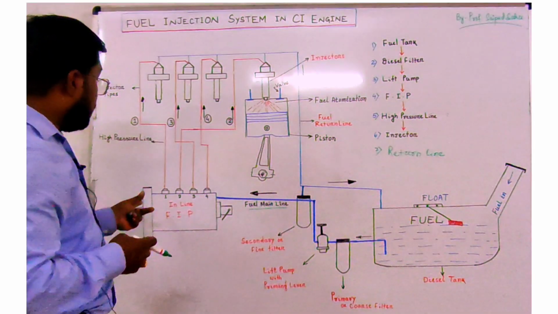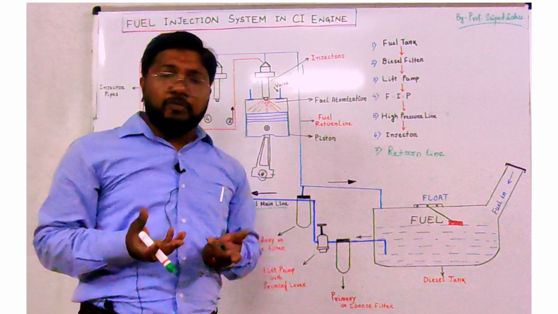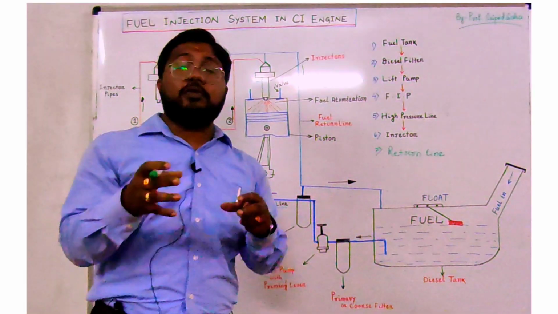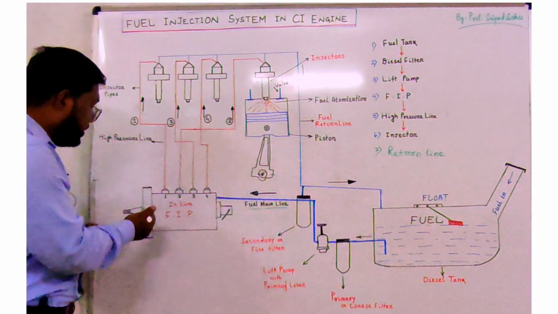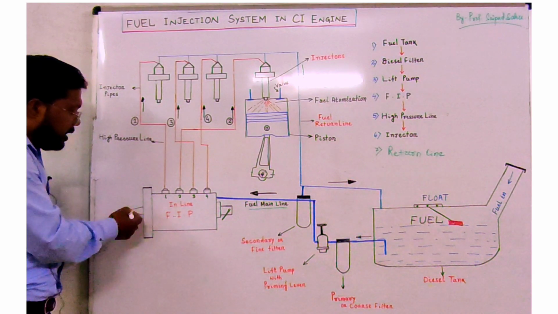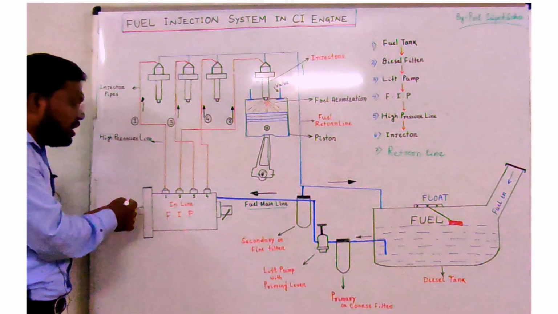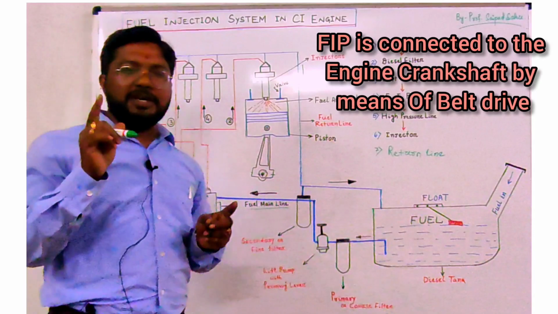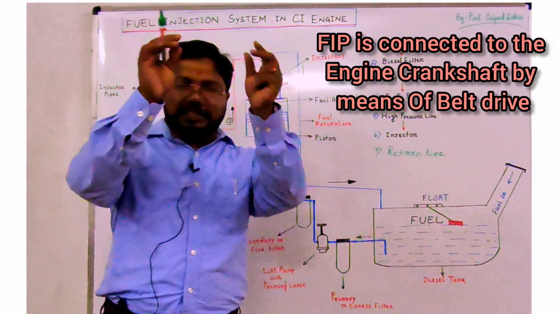Now how does the FIP operate? Who will run the FIP's piston and cylinder? Now you see that here a pulley arrangement is there on the FIP. This pulley is connected to the engine, the prime mover, the crankshaft pulley.